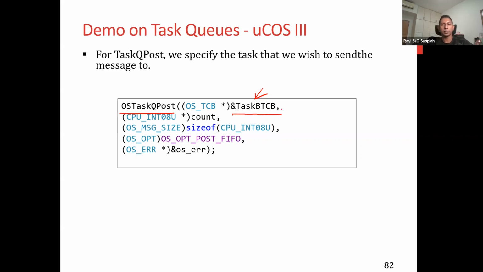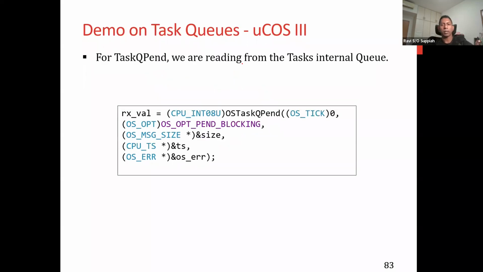When I do this, that means I am sending a message directly to only task B. Nobody else will retrieve this message. Now I'm in task A and I want to send directly to task B. Subsequently, when I want to retrieve a message from my own task queue, I call OSTaskQueuePend.